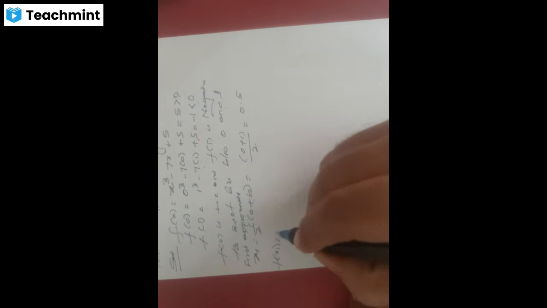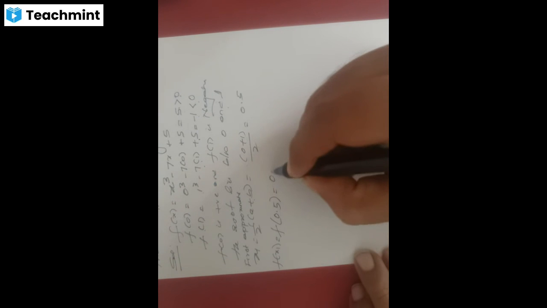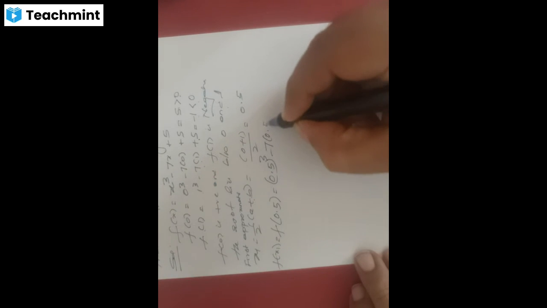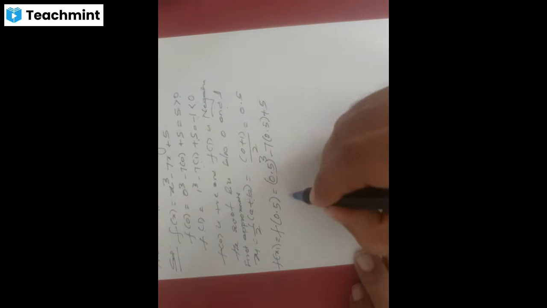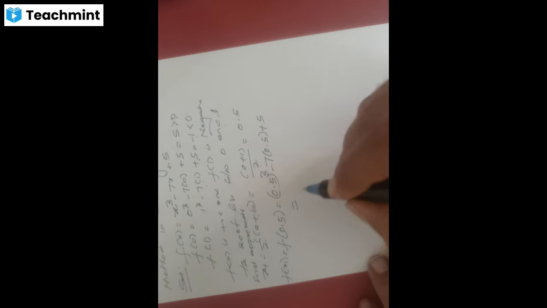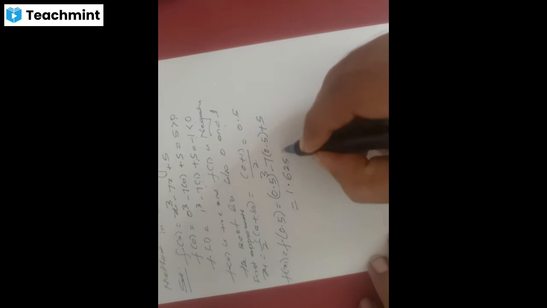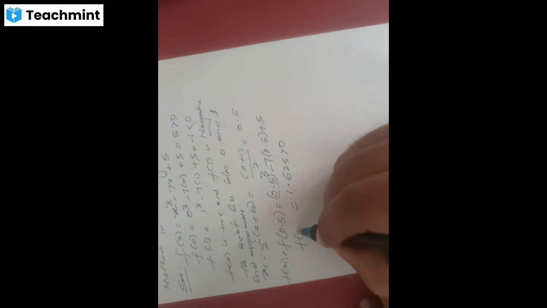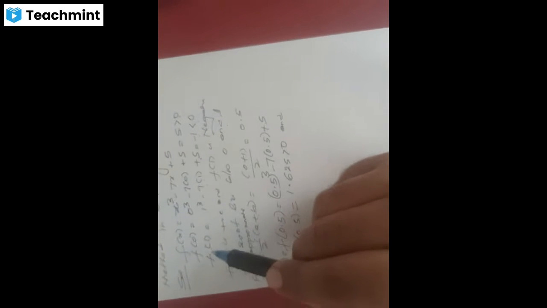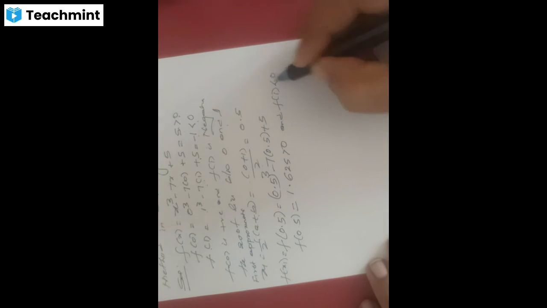Then find f of x1. F of 0.5 is equal to 0.5 whole cube minus 7 into 0.5 plus 5. You simplify, and after simplification you get 1.625, which is positive. And you see the negative in the previous one: f of 1 is negative.